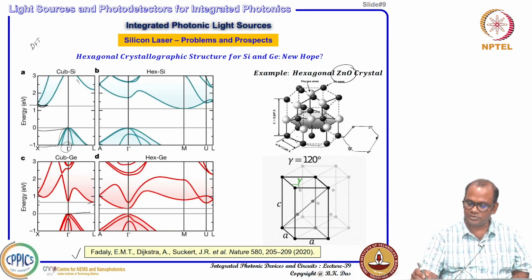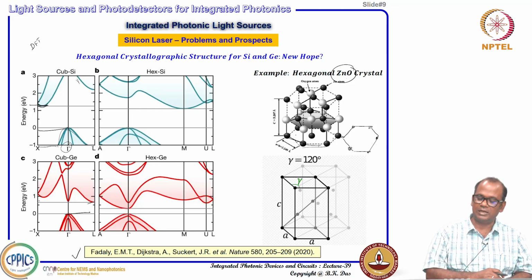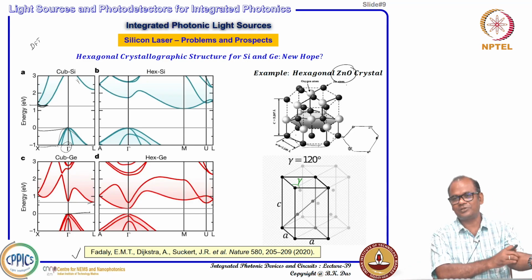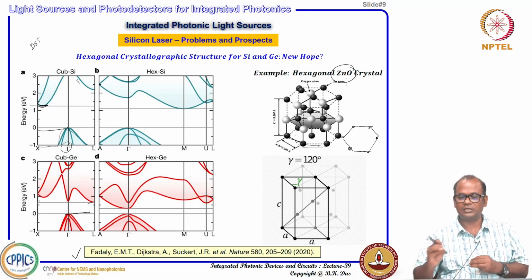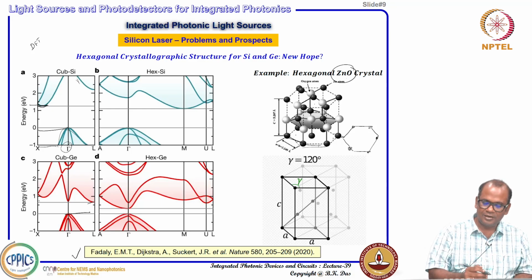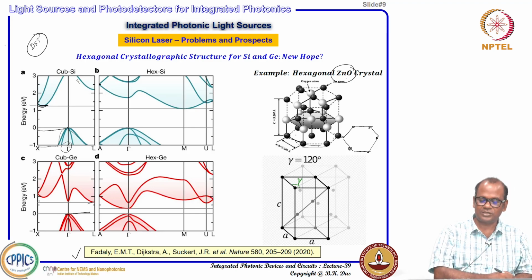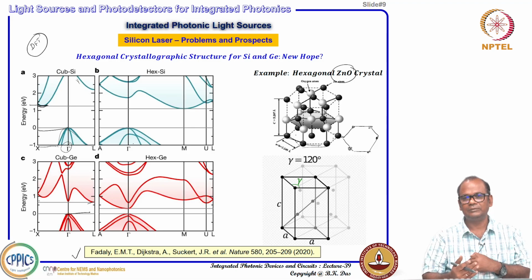Here zinc and oxide positions are shown, and in the case of silicon, all of them will be silicon atoms. The white and black balls are shown as atomic positions. So instead of zinc and oxide you will always get silicon crystal, or if it is germanium, you will get germanium crystal. If you can grow like that and again calculate the band structure with density functional theory, you can see that the band structure is completely different.